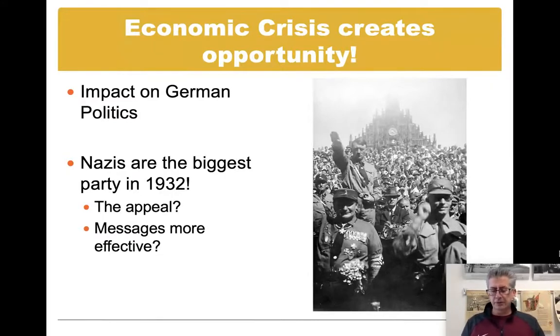And in 1932, the Nazis are going to have their biggest success. When we look at the appeal of the Nazi Party, Hitler is being viewed as a strong leader who possibly could lead them through this difficult time.